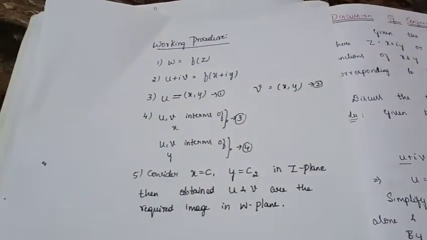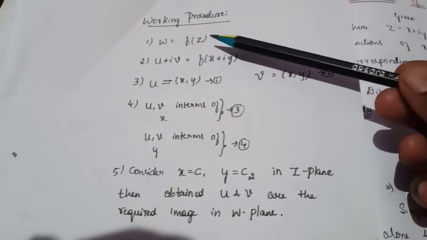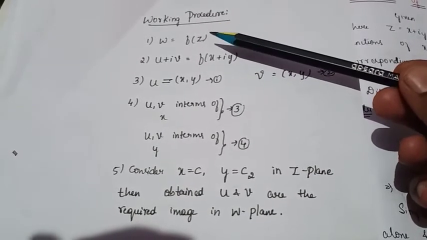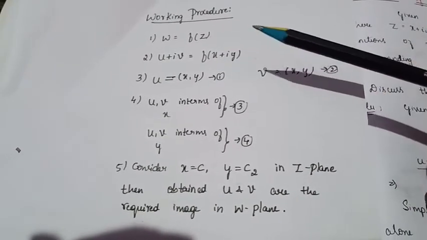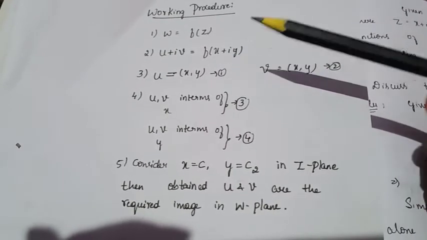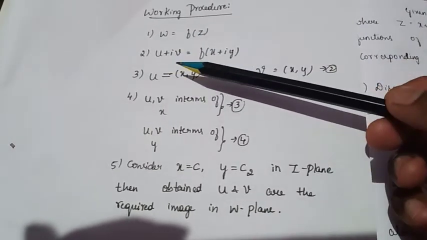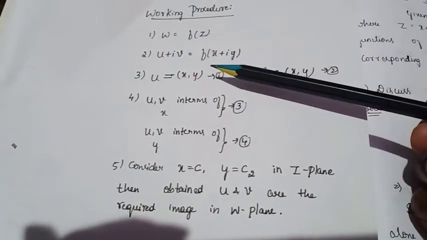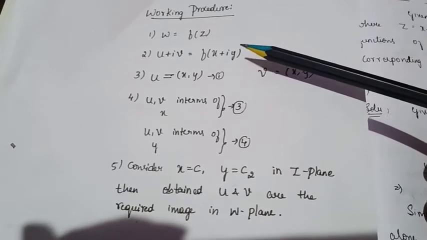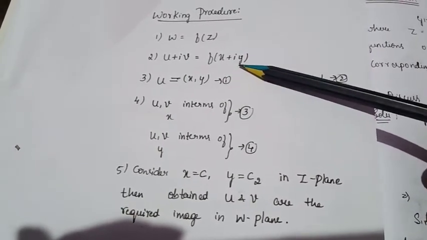The working procedure is, first, the given function is in the form w = f(z), that is, complex function form. Then we have to write it in complex form, including real and imaginary parts: w = u + iv, with z = x + iy. In most problems, we prefer the Cartesian form of the complex number.